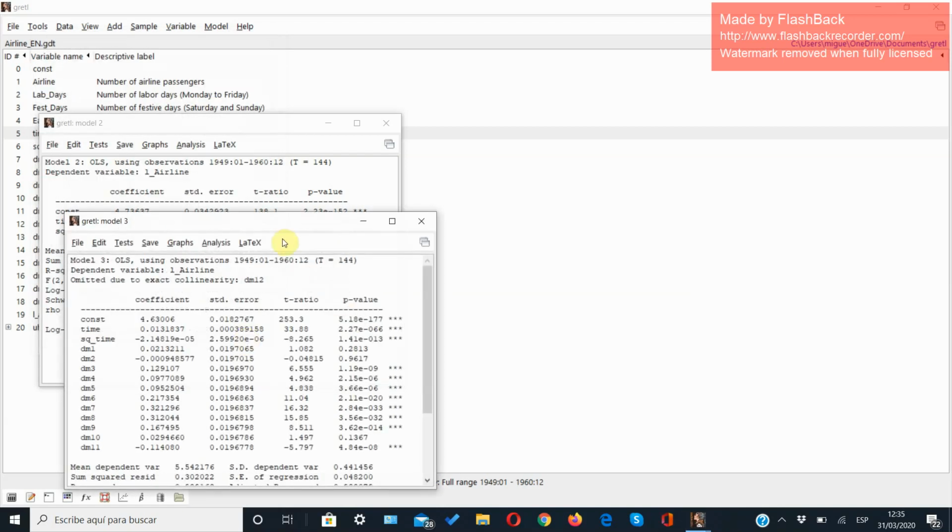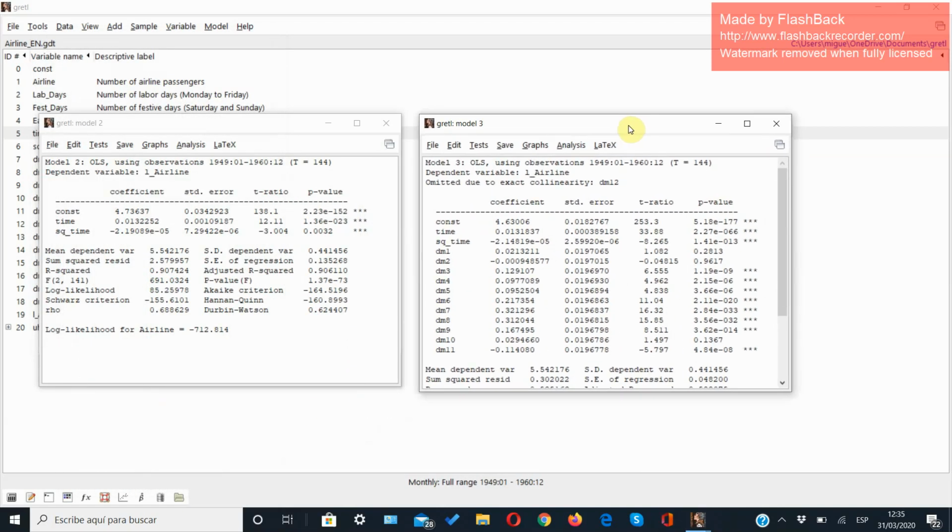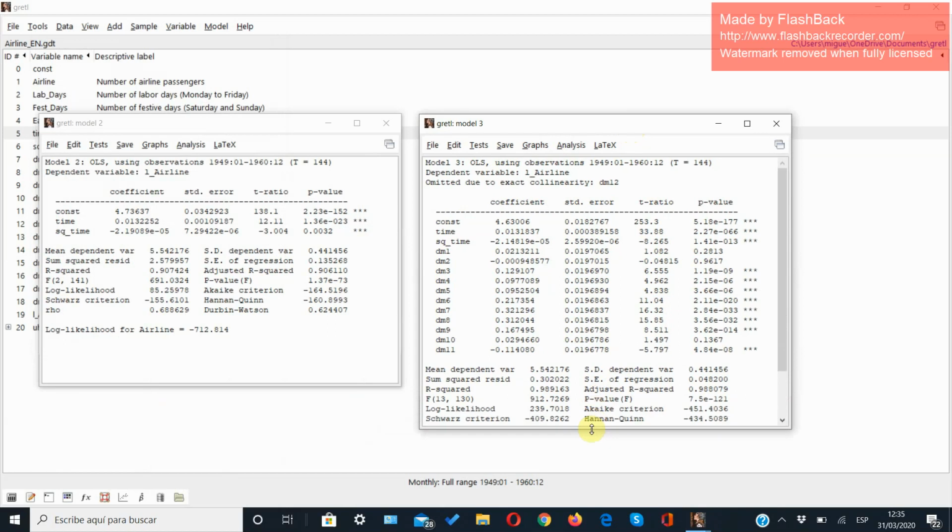If you click OK, you will see that you haven't been able to estimate exactly this model. Look at this message: omitted due to exact collinearity, dm12. And you see that you are only taking into account dm1 to dm11. What Gretl has done is detecting a case of exact collinearity.